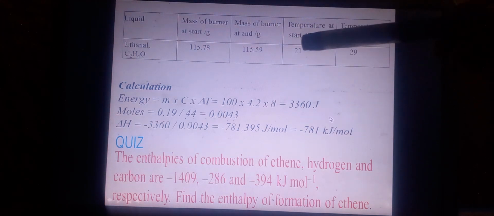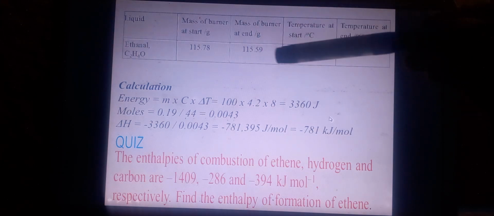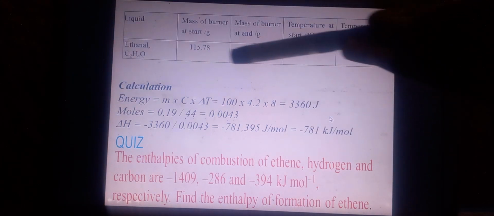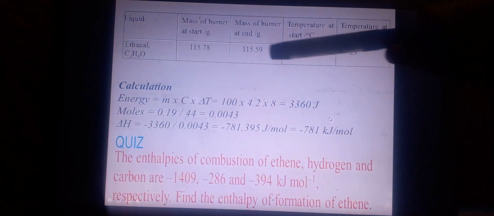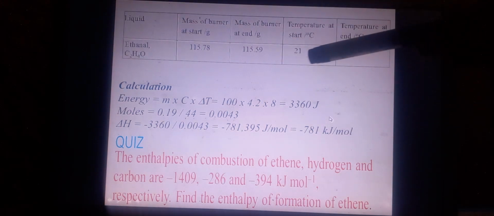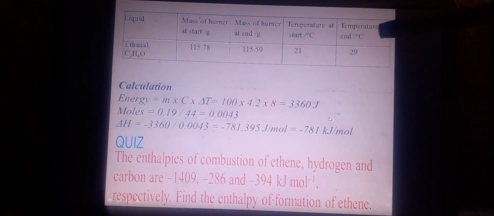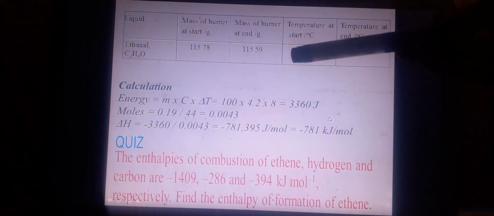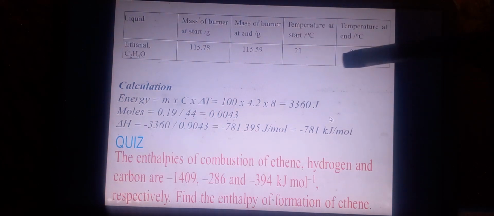Then the mass of the burner at the end of the experiment is 115.59 grams. The difference between the two will give us the mass of the ethanol burnt during the experiment. Then the initial temperature of water is 21 degrees Celsius and the final temperature is 29 degrees Celsius. These two values will give us the temperature difference during the reaction.